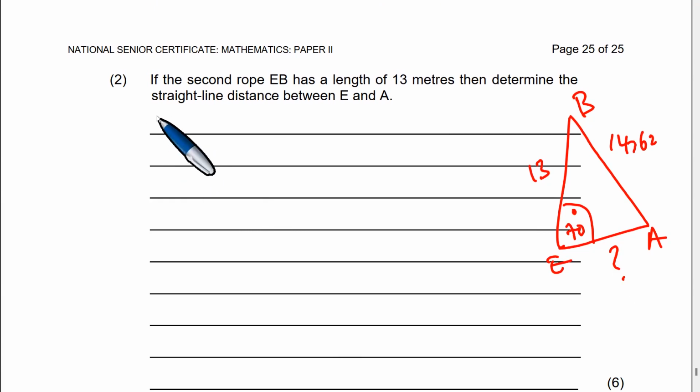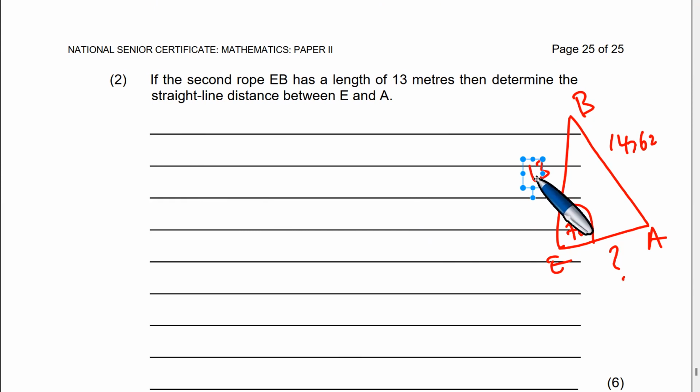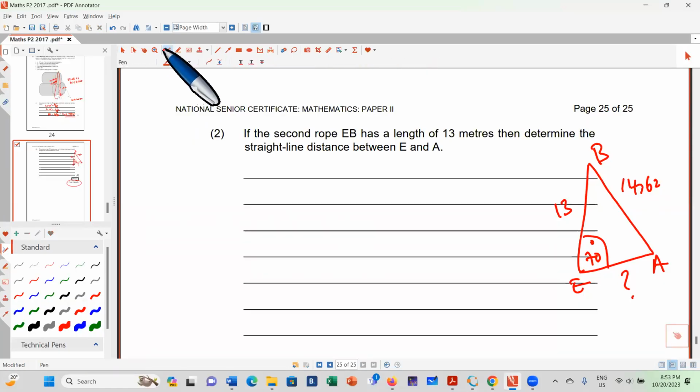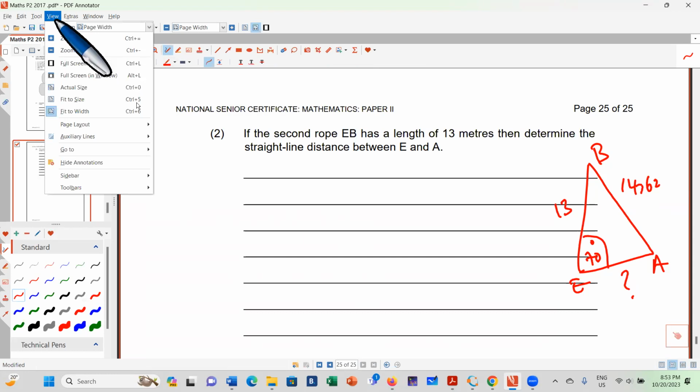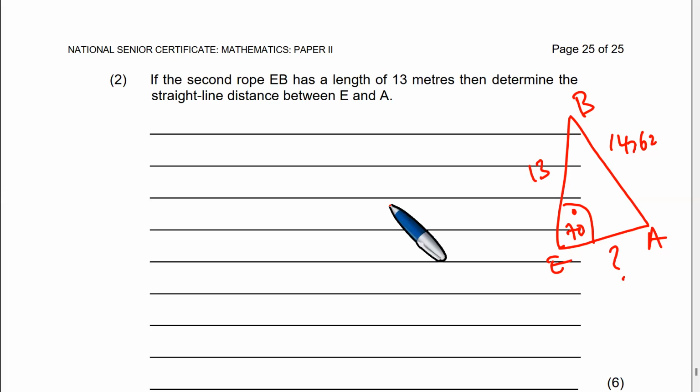We can work in the triangle and say the following. I'm just going to bring my pen, and this is the last question we shall do, and then you can rest. You can do other subjects as well.